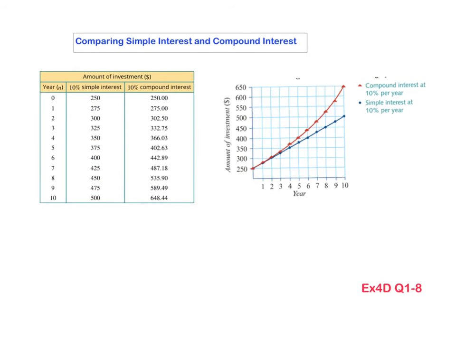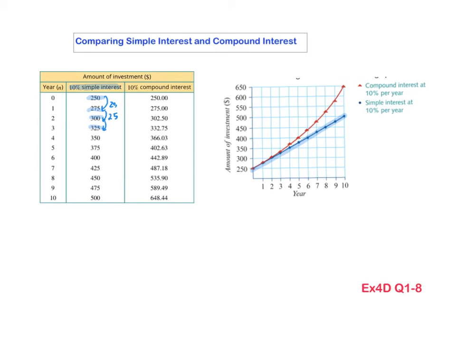Now we just have a little look at a bank account and compare. You can see here the simple interest, when you're always adding the same amount, is a straight line. In this scenario, they were doing 10% every year. You can see 10% of 250 is $25, so 25 is getting added every time. That's simple interest.